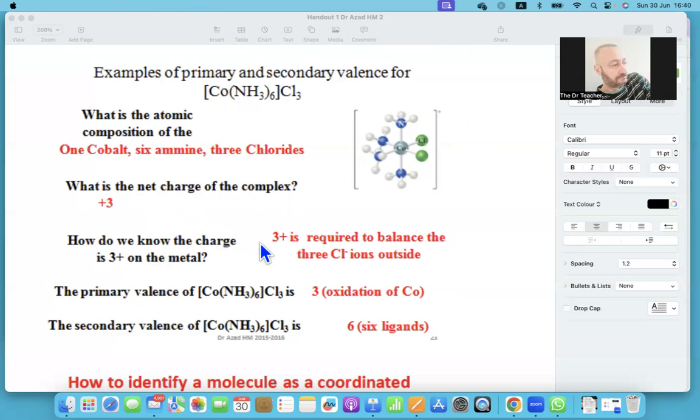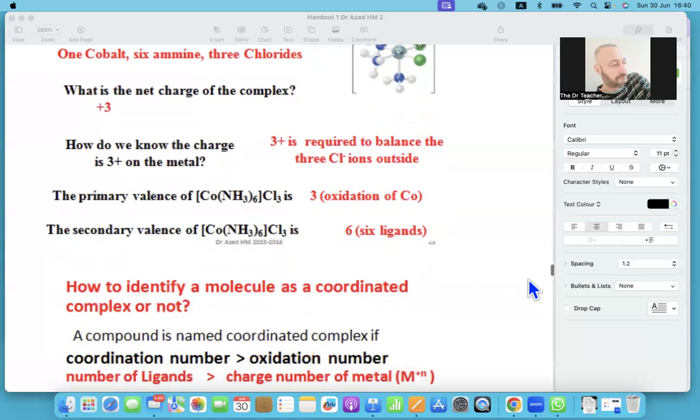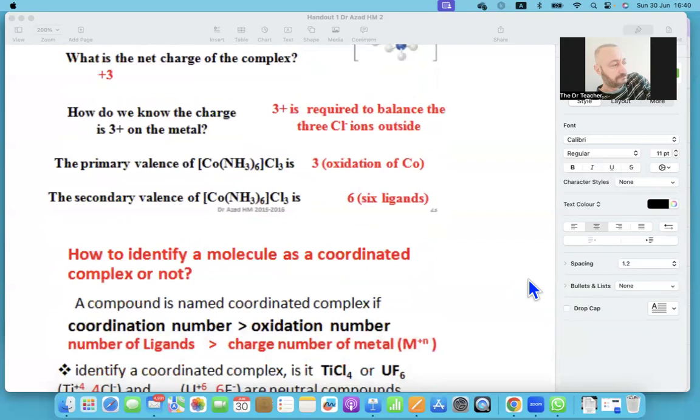So +3 is required to balance the 3 chlorine ions outside. How do we know the charge is +3 on the metal? I already calculated that. So the primary valence is 3, as we said before, the oxidation state or oxidation number of the cobalt. Secondary valence is 6.